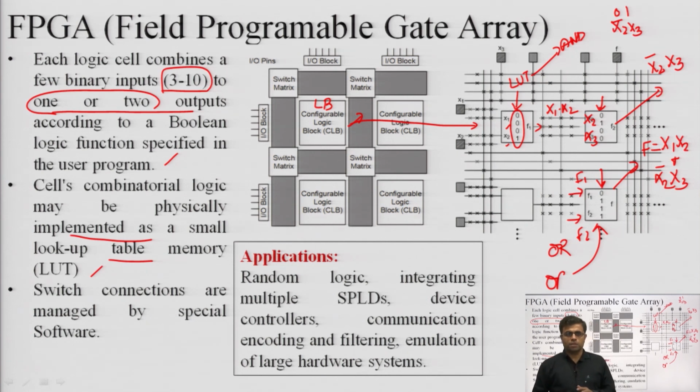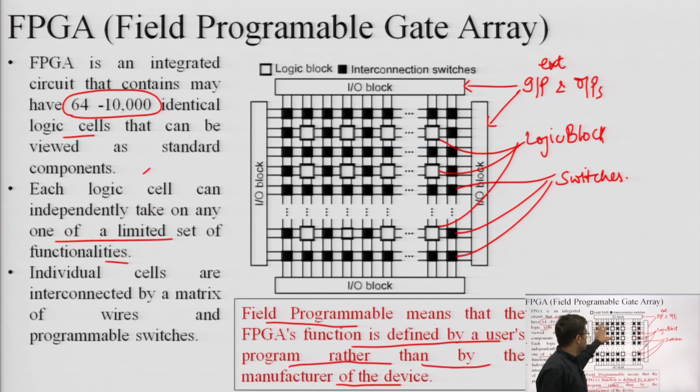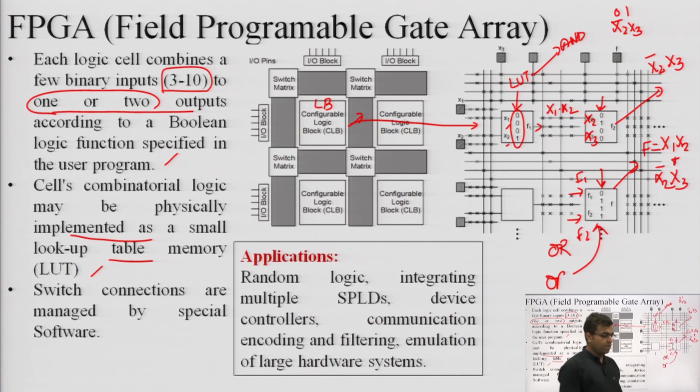The examiner is not going to ask this, but I am telling you so that you need not cram this. You are able to visualize how these blocks are going to be interconnected and how they are going to perform.